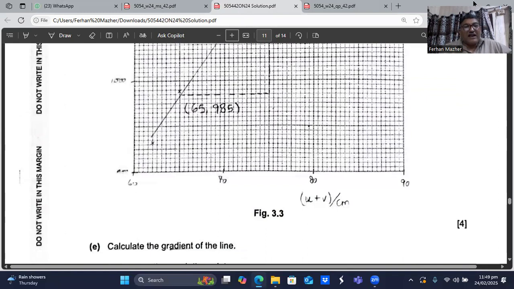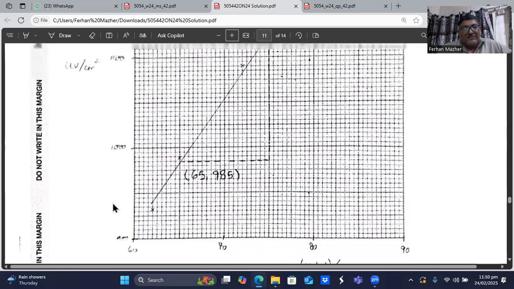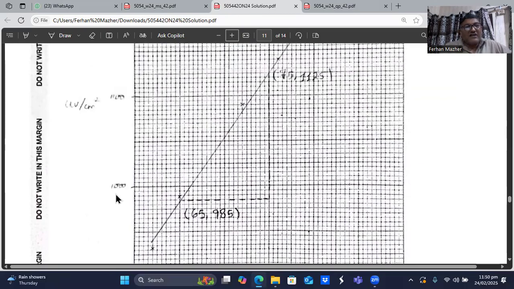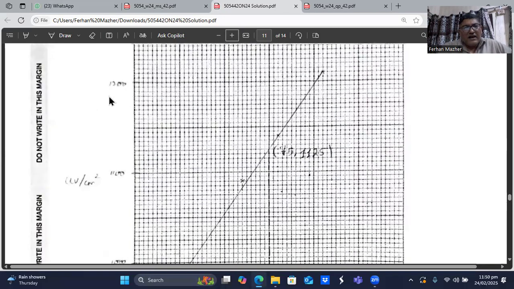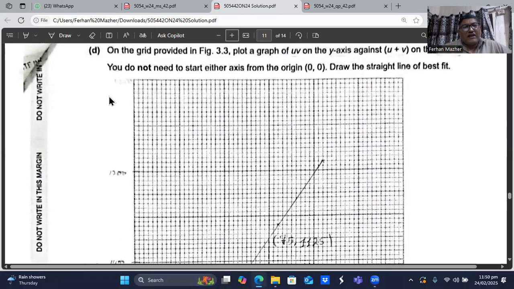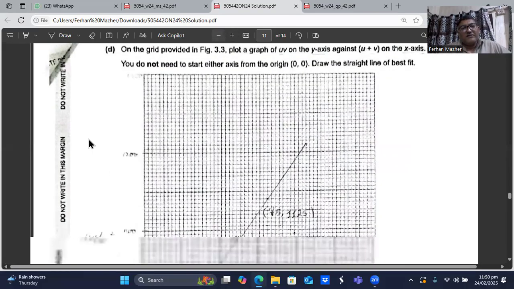So you can see on the x-axis, we have started from 60, then we have 70, then 80, then 90. On the y-axis, we have started from 900, then here we have 1000, 1100, 1200, and here we have 1300. So what I will do, I will plot those points from that table.